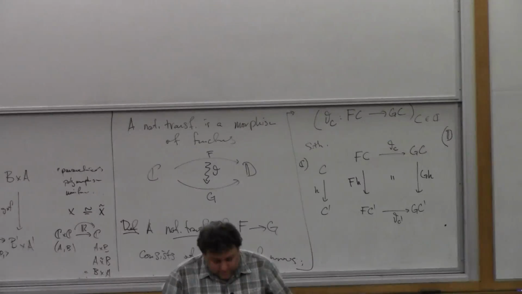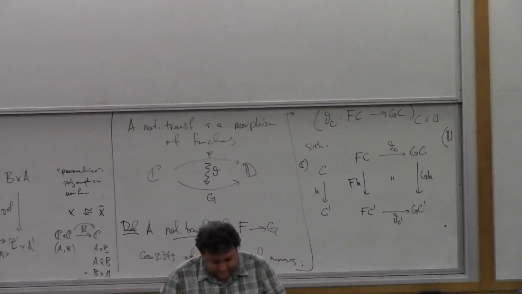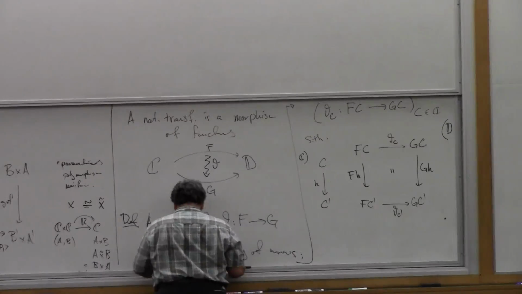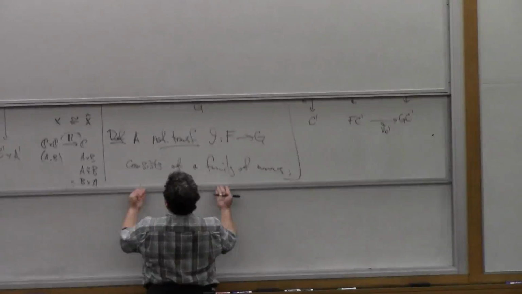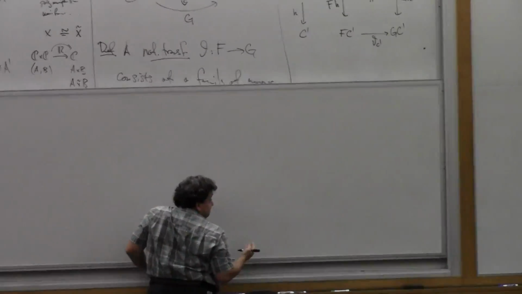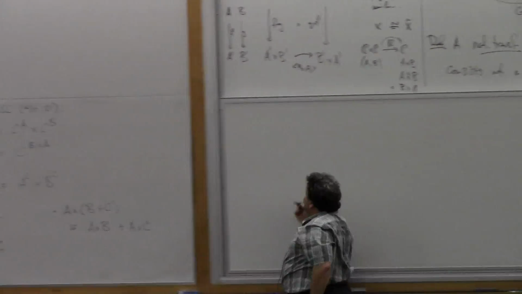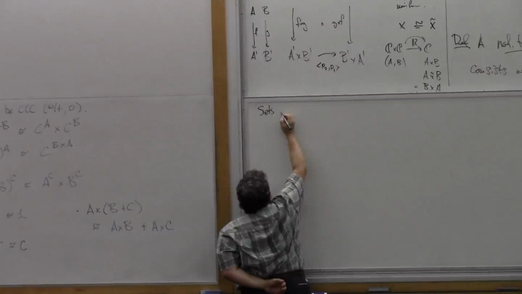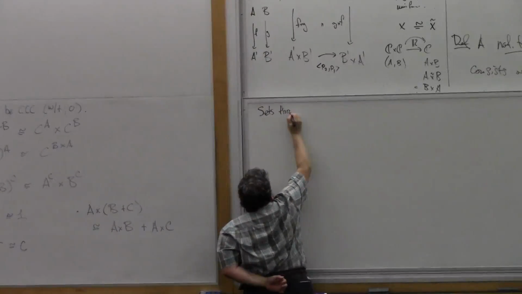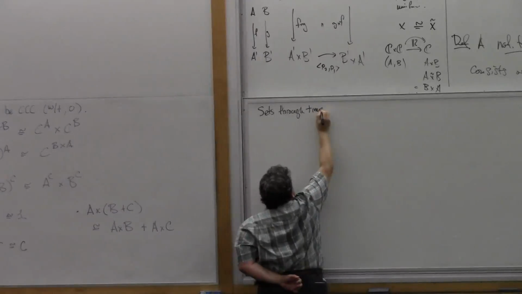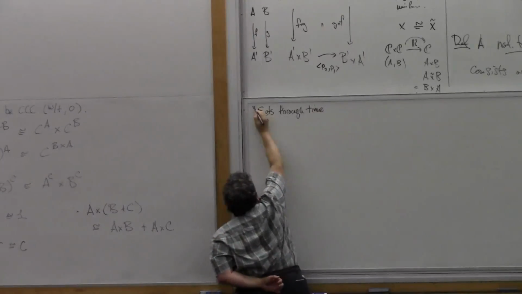So let me give you an example. This is the example of sets changing through time. And of course, you can change all kinds of things through time, not only sets.